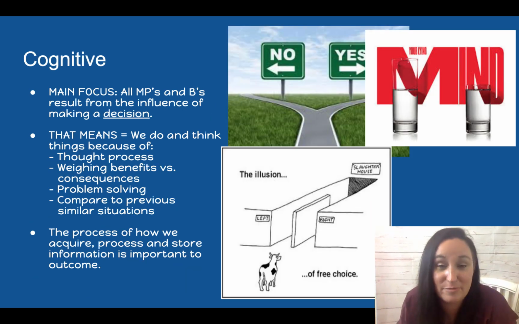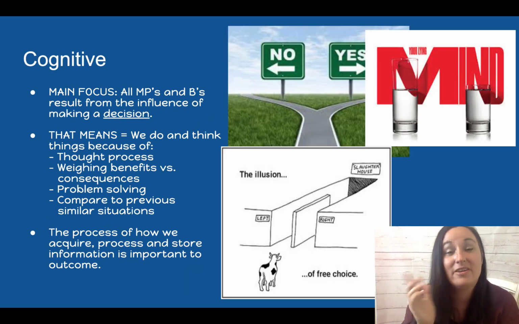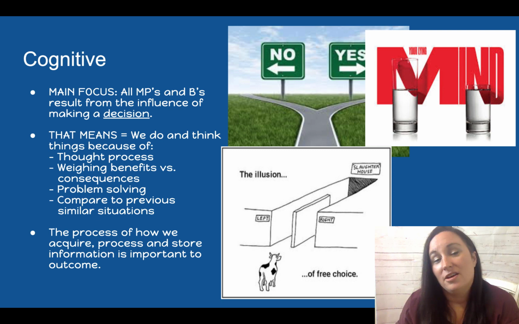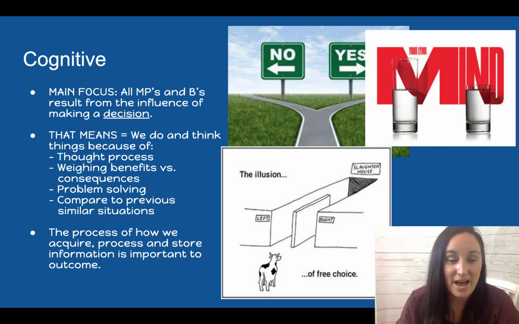Okay, the cognitive perspective. So think cognitive is obviously thinking, right? So mental processes and behaviors result from the influence of making a decision. So cognitive equals decision. So it could be something that we have learned in the past by some sort of consequence that happened to us. Maybe we just watched someone else get a consequence or whatever.